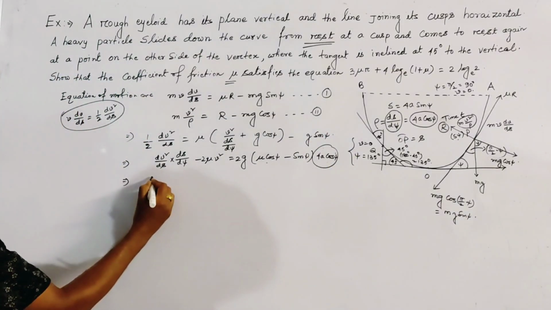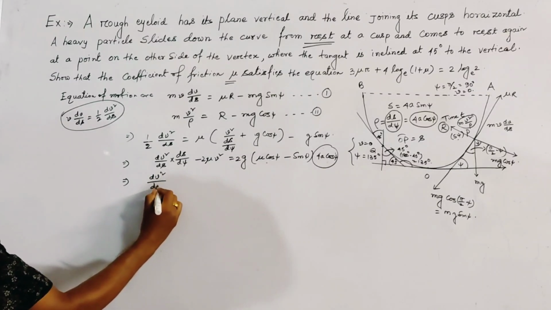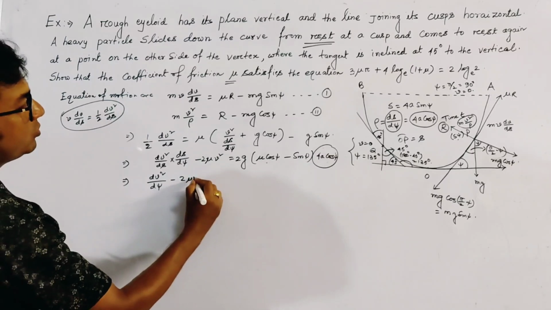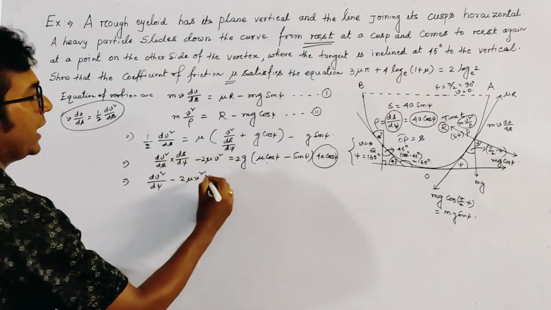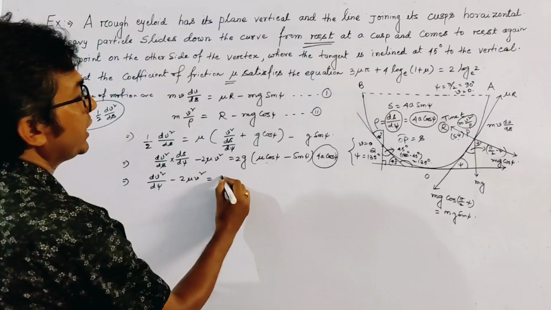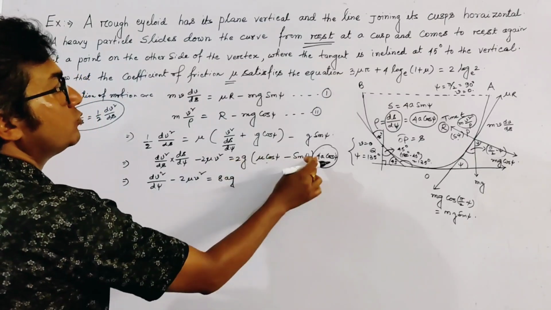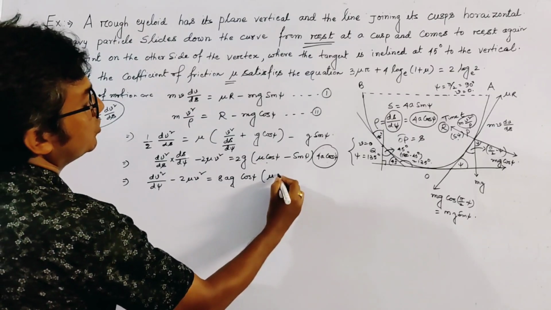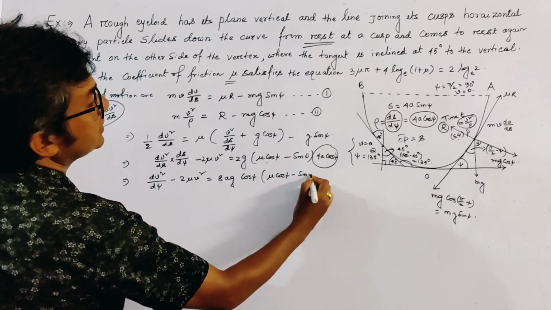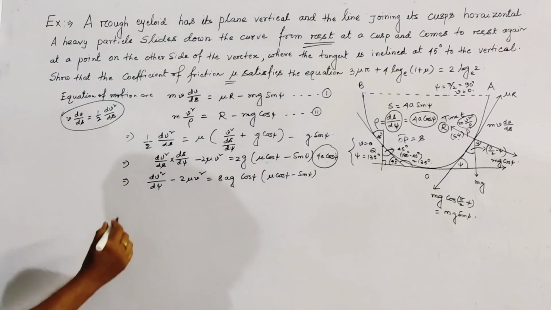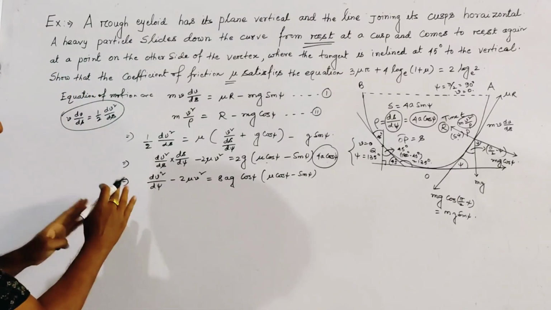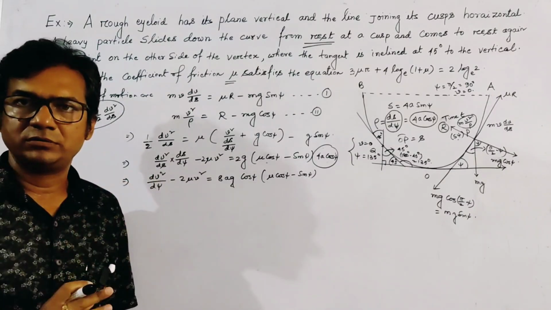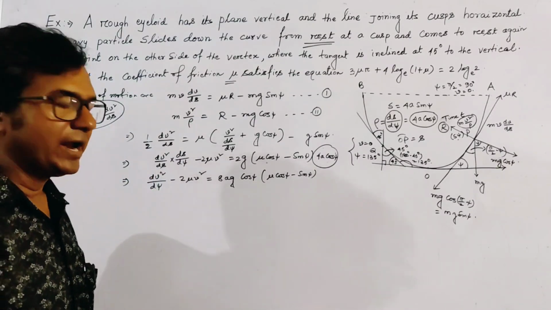So we get the relation dv square by d psi, because ds cancels out, minus 2 mu v square, and the right side is 8ag, because 2 into 4 is 8ag, into cos psi into mu cos psi minus sin psi.